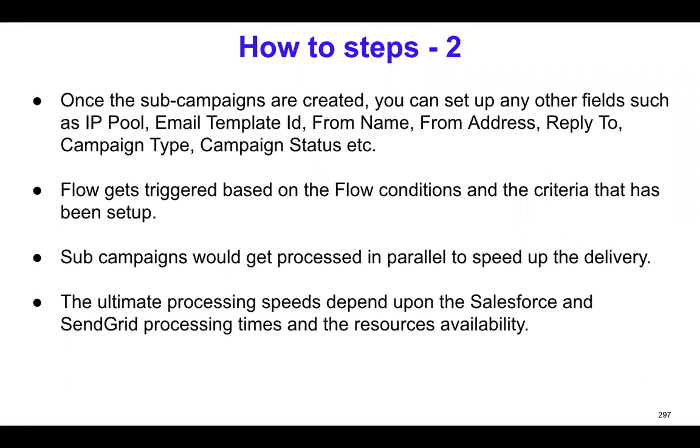Statistics, ultimately, can be captured onto the parent campaign if we come up with some sort of a custom component, which we have not decided though. But this is basically just to make sure that you are able to deliver emails quicker than what it is today, provided you have a high volume campaign.